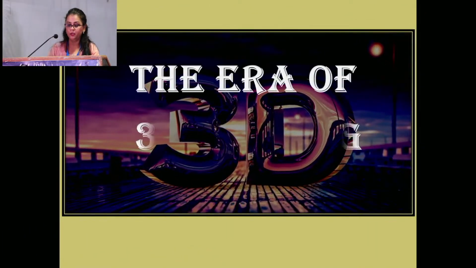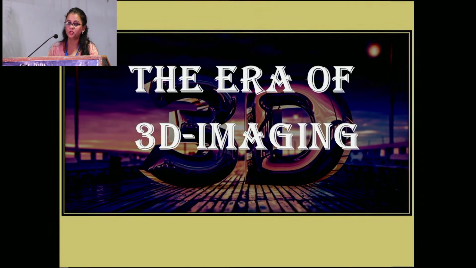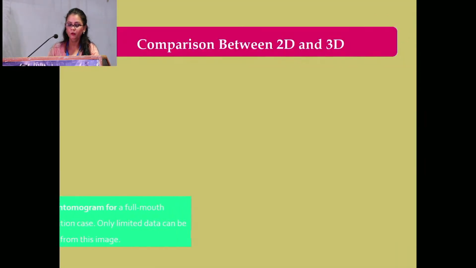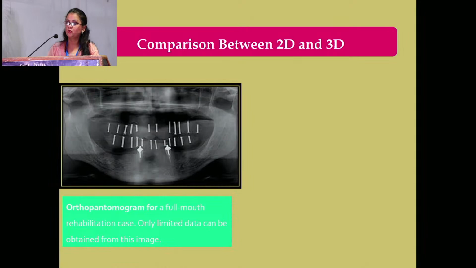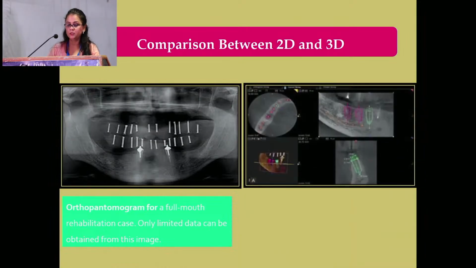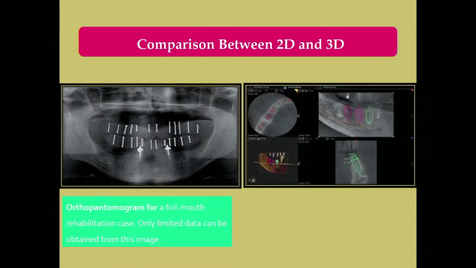So we come to 3D. This is an era of 3D imaging. As I told you, 2D will give you limited details with a lot of magnification and a lot of distortion.